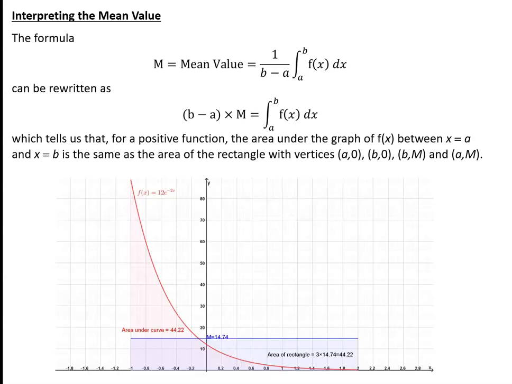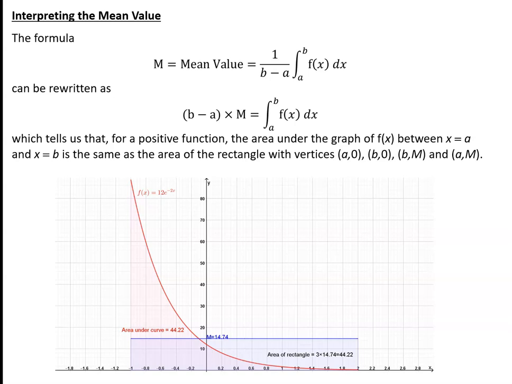In terms of the function that we looked at in example 1, the red graph gives me the curve y equals 12e to the minus 2x, and in the light pink shading, you can see the area underneath that graph between minus 1 and 2.